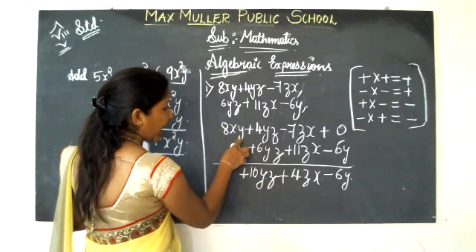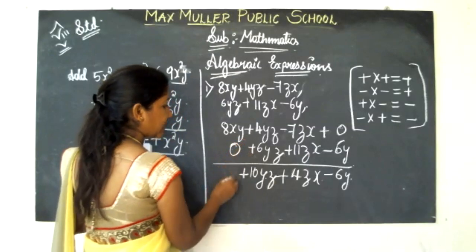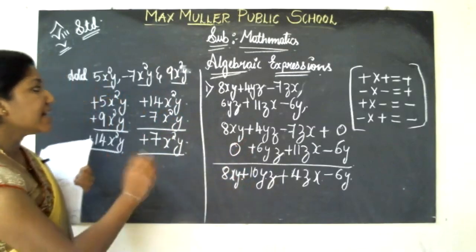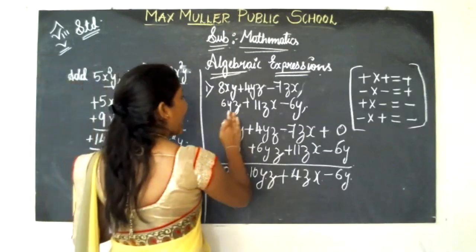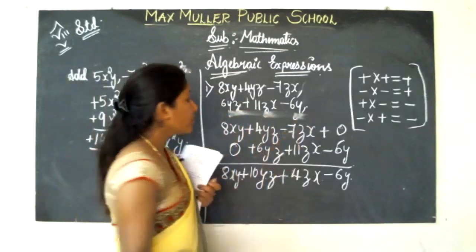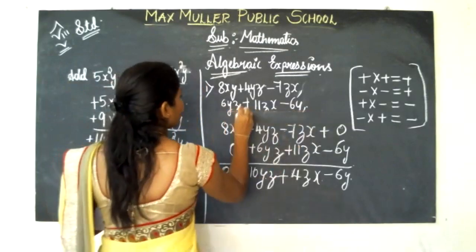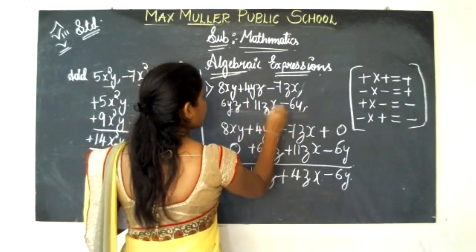Okay, here 8xy is there, here 0 is there. Write 8xy as it is. And then here you have to add another term, yz.